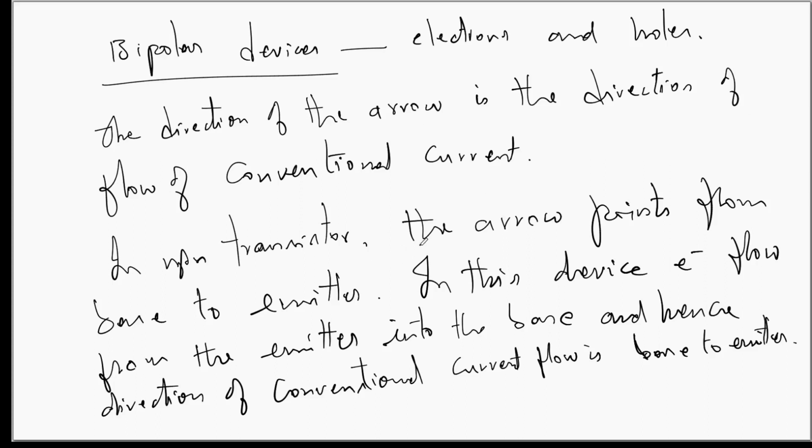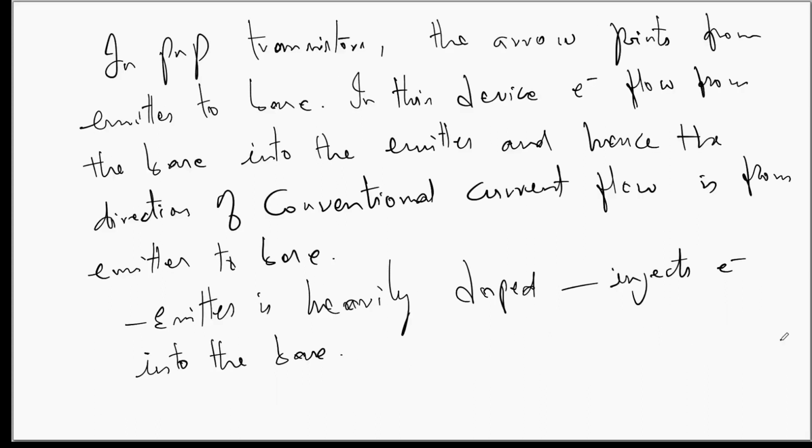In an NPN transistor, the arrow points from base to emitter. In this device, electrons flow from the emitter into the base, and the conventional current flow is base to emitter. In the case of a PNP transistor, the arrow points from emitter to base. In this device, electrons flow from base into the emitter, and hence the direction of conventional current flow is from emitter to base.